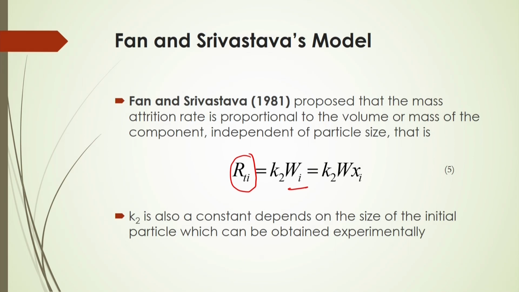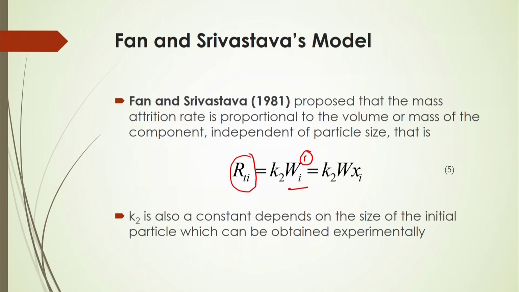It may not be exactly power 1 here, but maybe it will vary as per your experimental data, and it varies from system to system also. So, it will be better to express this model not directly related to the volume or mass of the component.